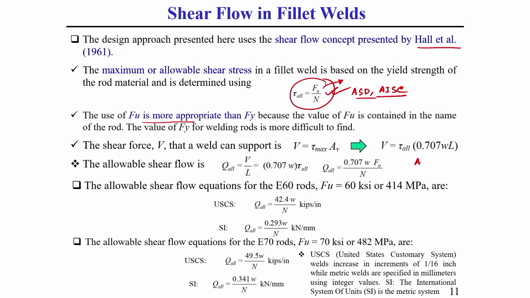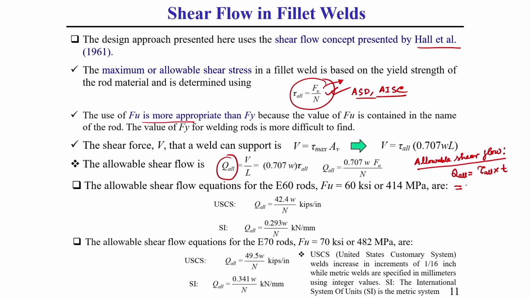Allowable shear flow, Q allowable, will be equal to tau allowable into the throat thickness.